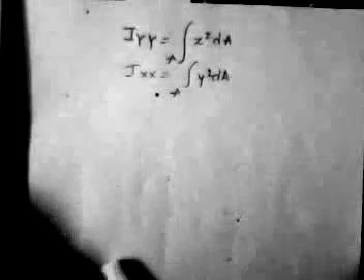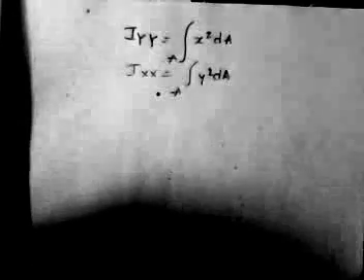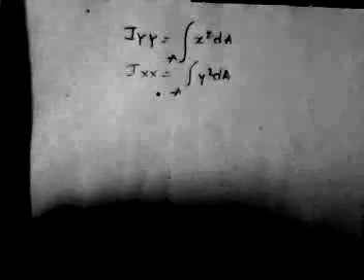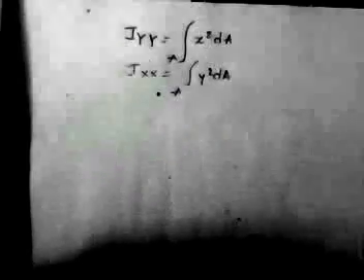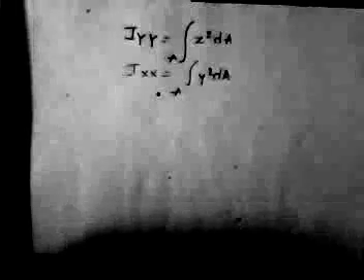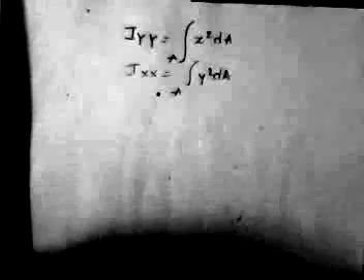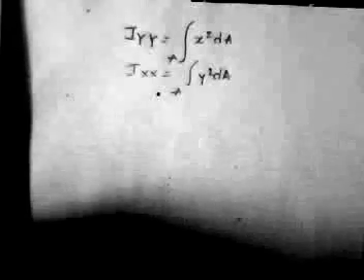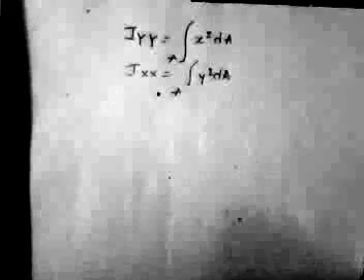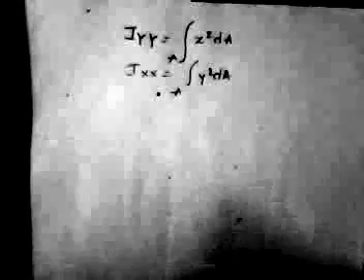From the previous discussion, what I told is that inertia basically depends on mass, and with respect to any axis, if we want to define moment of inertia, that will denote the resistance of that entity.